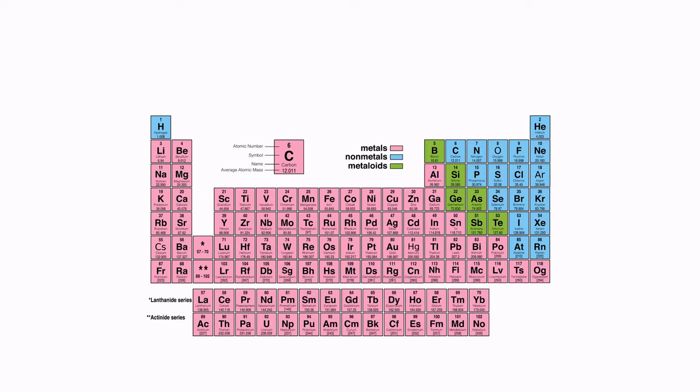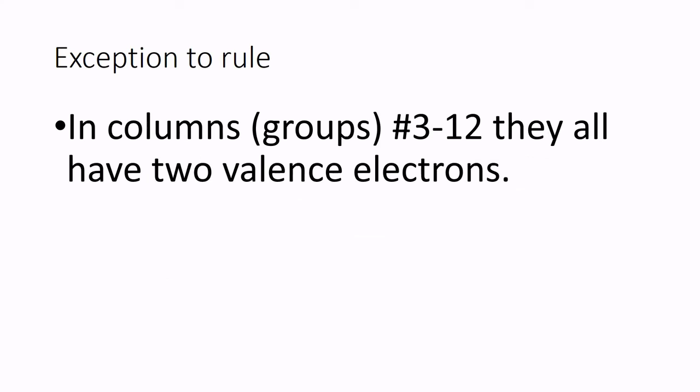There is one other rule out there that is kind of the exception to this, and it is this. The elements that are in columns or groups 3 through 12, all of them have only 2 valence electrons.